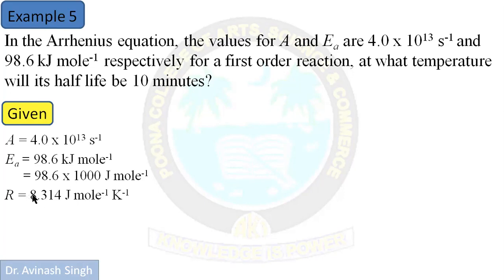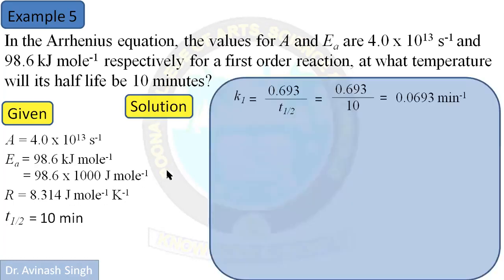R value is taken to be 8.314 because energy of activation is in joules. T half is given as 10 minutes. First of all, I calculate the rate constant because it's first order, so rate constant is equal to 0.693 by T half. So 0.693 divided by 10 comes out to be 0.0693 per minute because I took T half in minutes.